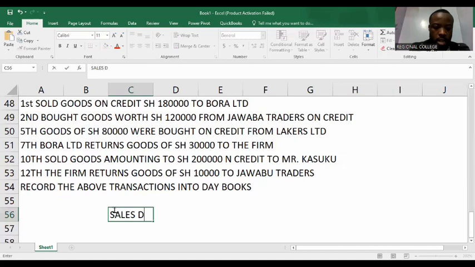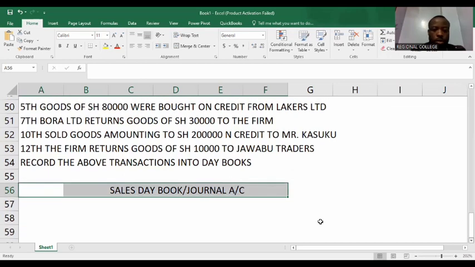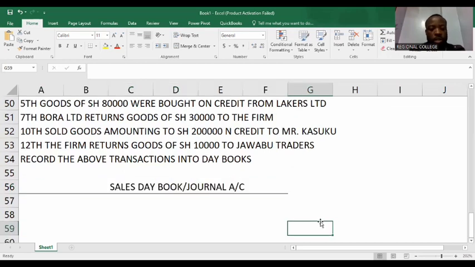Sales day book, or the sales journal. Always, if you're keeping the transactions of the business, remember you want to know at the end of the day what happened on which day.